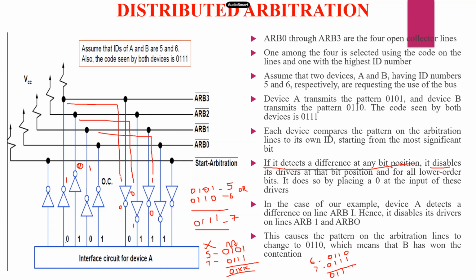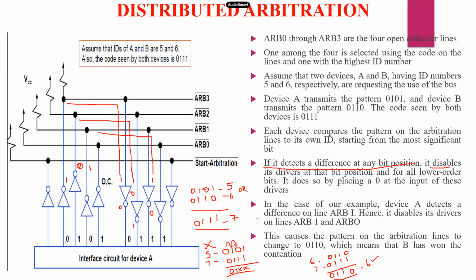Then 0 and 1 are different, so 0 will occur, and hereafter no other bit will be selected; the maximum is 4 digits. So what is the final output? 0110, so 6 will be selected. This caused the pattern on the arbitration line to change to 0110, which means that B has won the contention. This is the way to select the device.